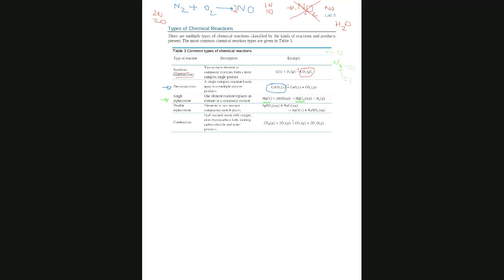So you will observe that magnesium on one side is an element, and on the other side is combined. And you are also going to look at the hydrogen here. Hydrogen here is combined with the chlorine, but here, no, it's a free element. So then you are going to say it's a single replacement. Any questions there?